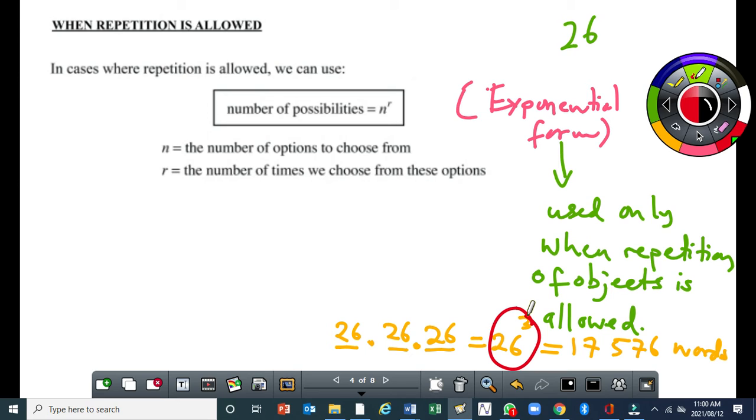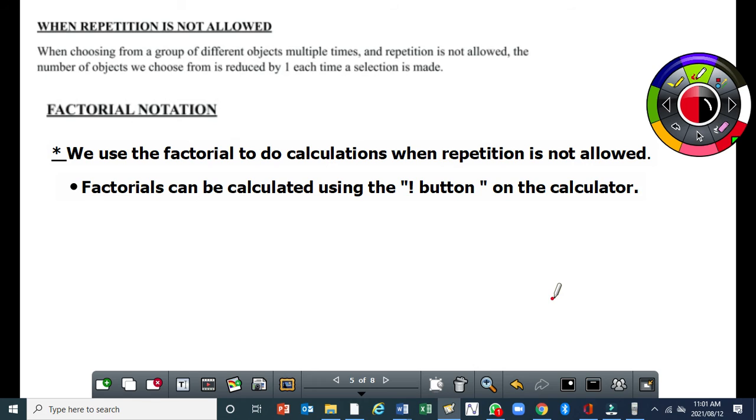That's another scenario, which I'll talk about just now. So there are two ways that objects can be arranged. Either they can be repeated or they may not be repeated. If repetition is allowed, then you use the exponential form. So let's move on to a case where repetition is not allowed.